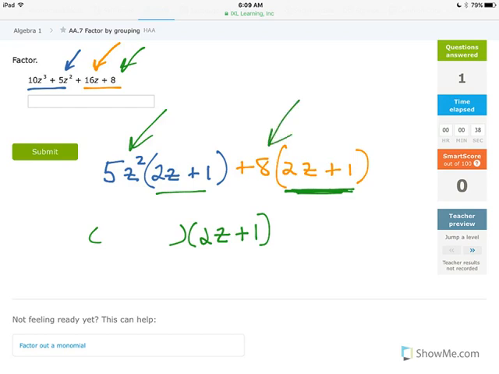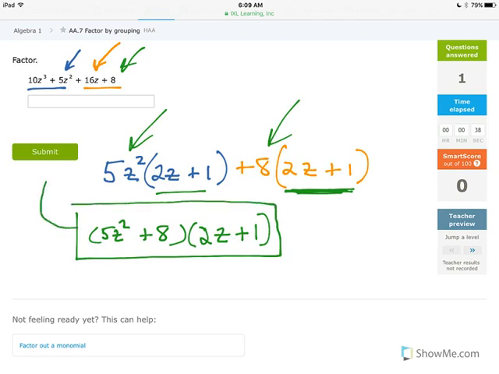So one of them is 5z squared, and the other one is positive 8. So if you were to distribute these 2 binomials together, multiply them back together, then you're going to produce your original form. So here are your factors. So that's going to go in the answer box.